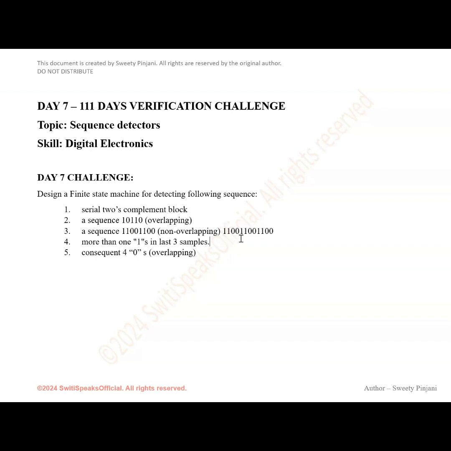If it would have been overlapping, again you would have detected the same sequence 1100 till here, and you would have got the output 1 here. But since it is non-overlapping, the first sequence is detected till here, and if you again want to detect the sequence, you want everything again, but here you have only 1100, you don't have another 1100, so the sequence will not be detected again, and you get the output 1 only here.